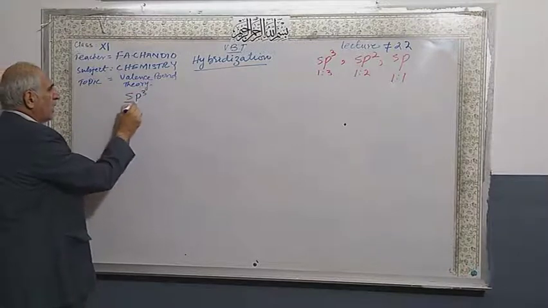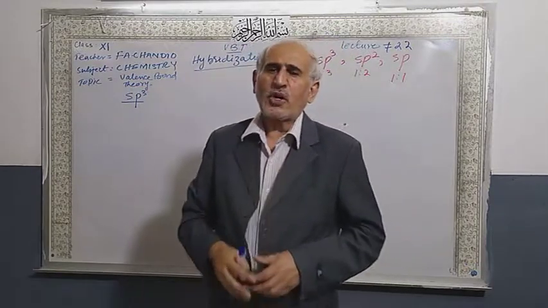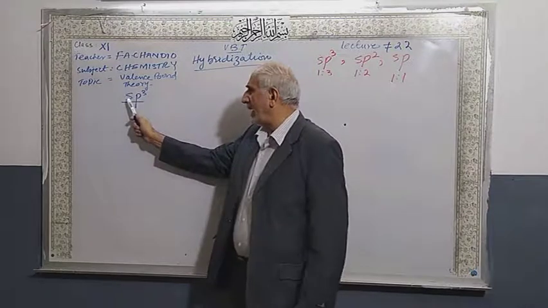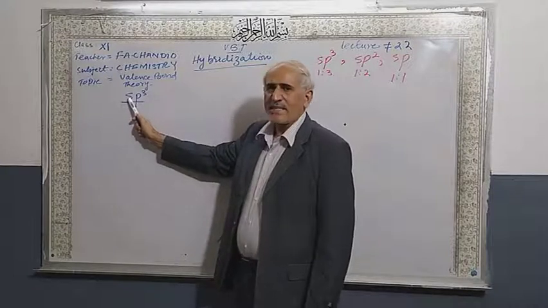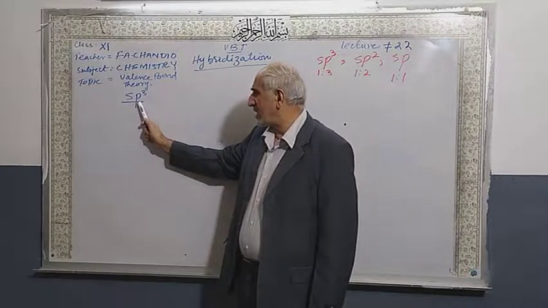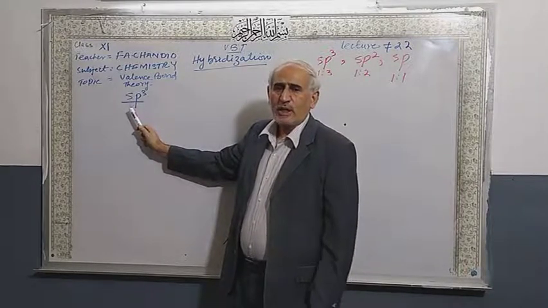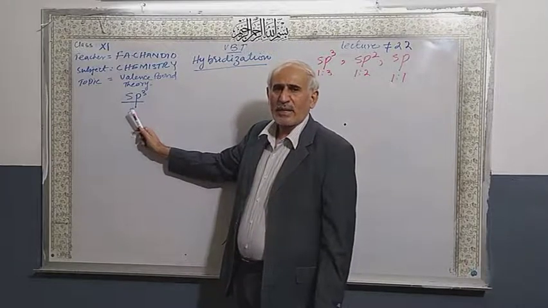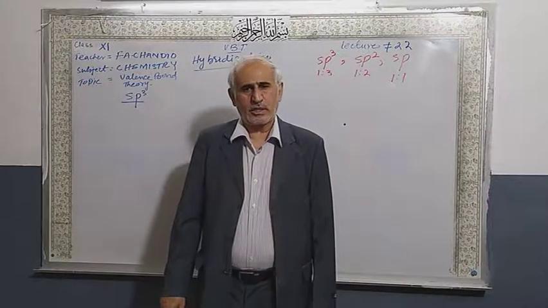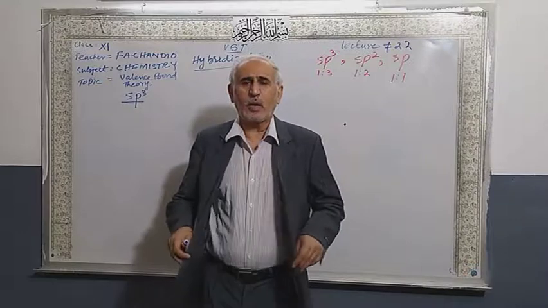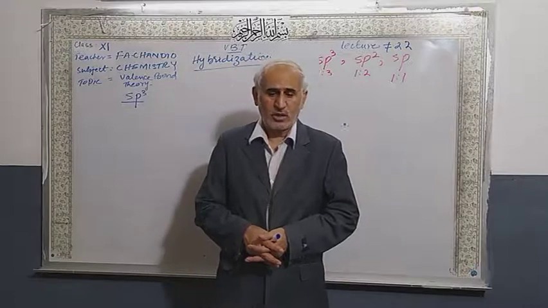sp3 hybridization. In sp3 hybridization, the process in which one s atomic orbital, in the ratio 1:3, intermixes with the 3 p atomic orbitals to give 4 equivalent hybridized atomic orbitals of the same energy, is called sp3 hybridization.